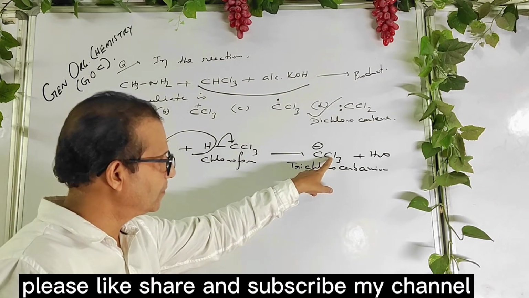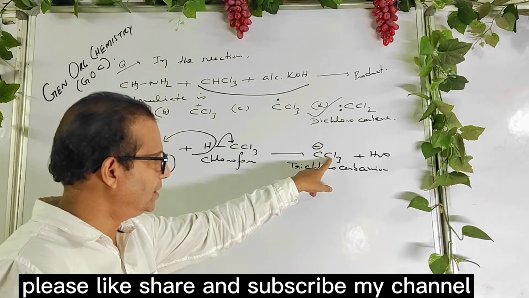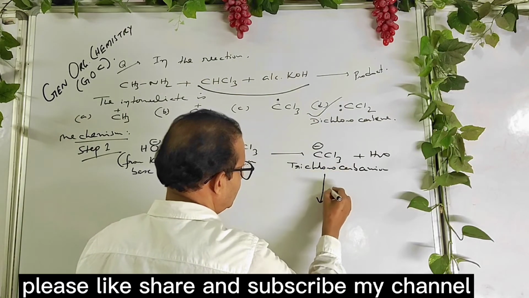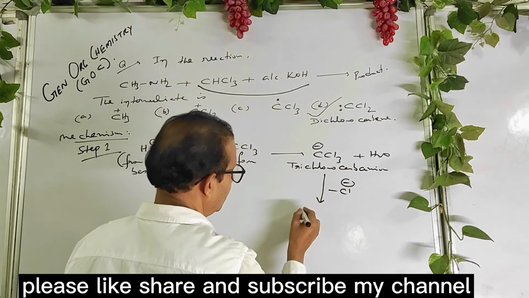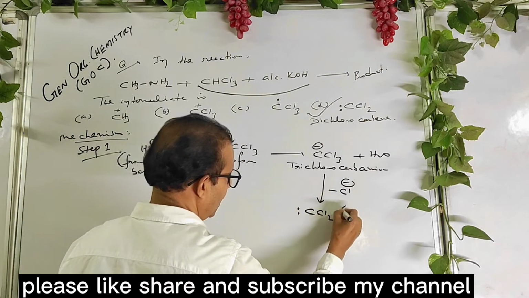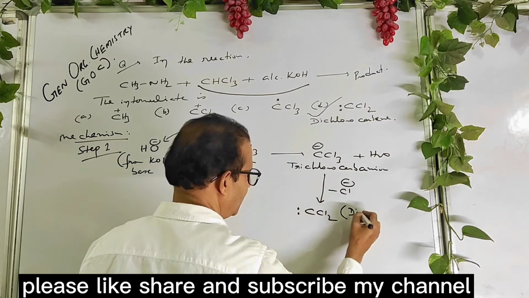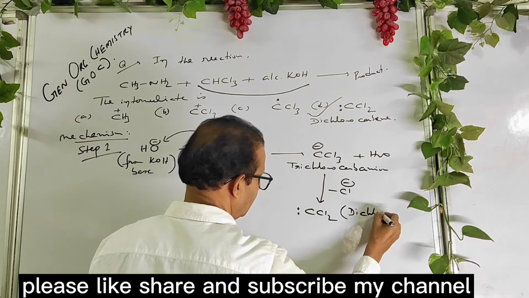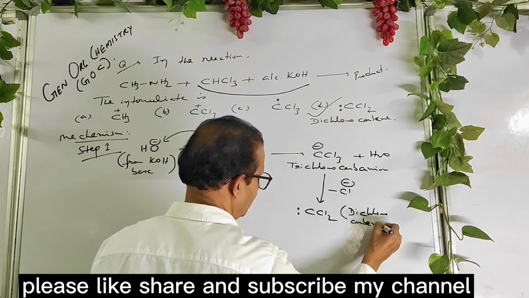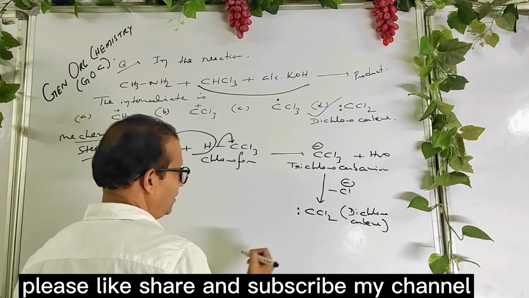But as chlorine has very high electronegativity, it is very unstable, so it releases one chloride ion and you get CCl2, dichlorocarbene. This is the main intermediate, but if both are given in the options, both are answers. I have seen this in JEE Mains.